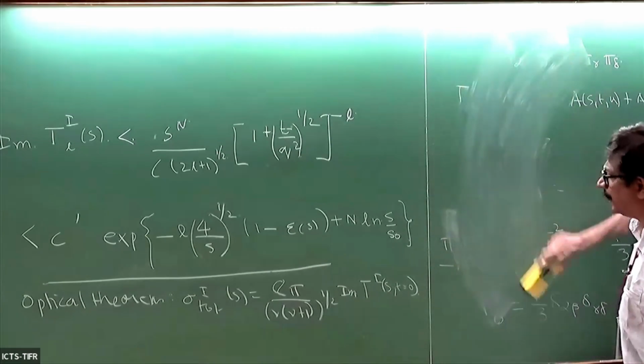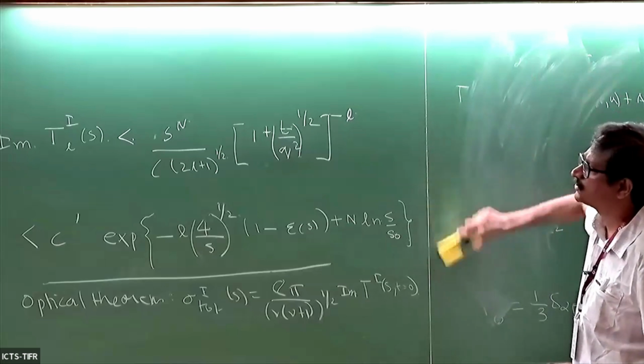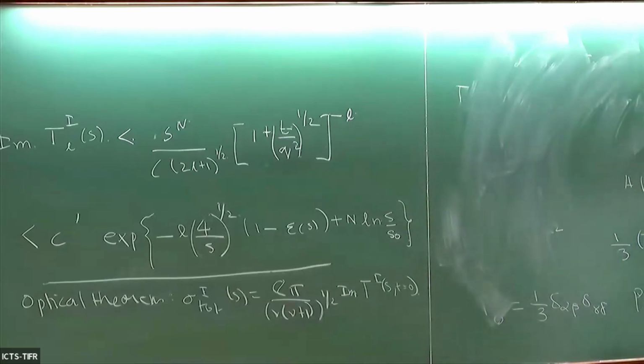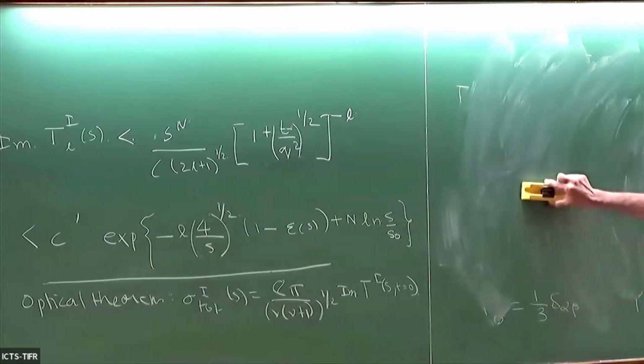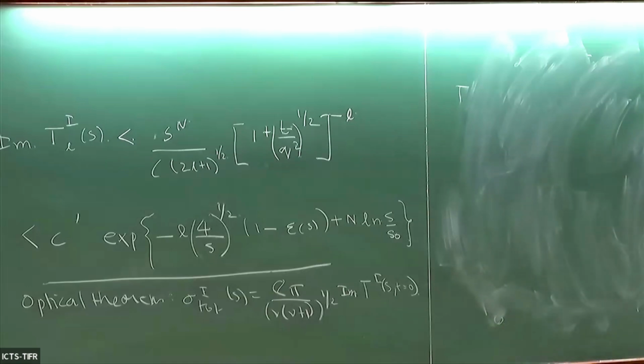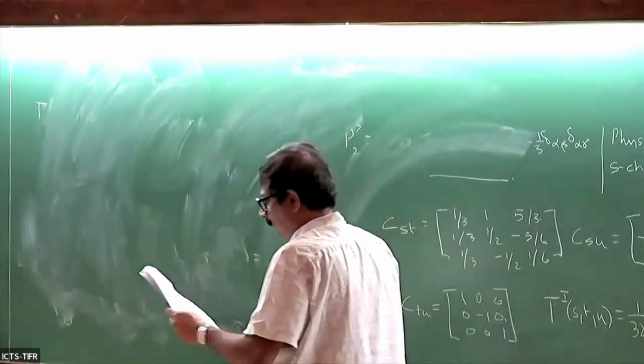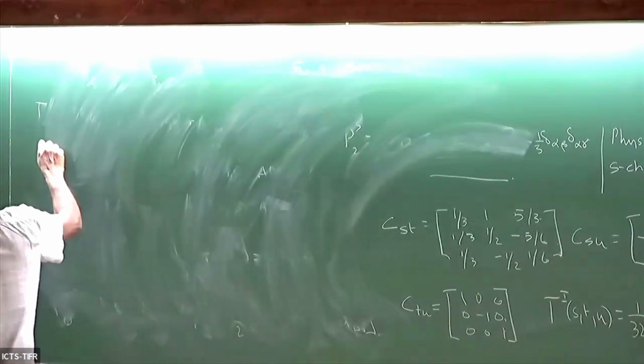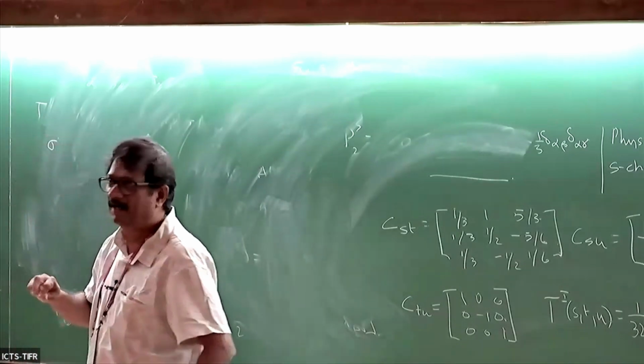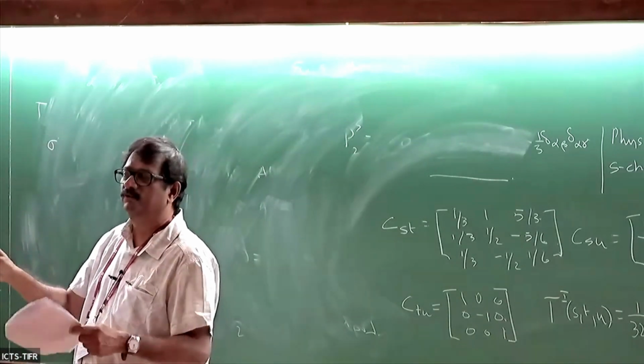Okay, so now I have to figure out what I must do with these partial waves, and I must say that I'm going to sum it up to a certain number of partial waves and throw away the rest. Okay, so that is a crucial thing that we need to do. Now, of course, please keep in mind that we are adding all positive quantities.